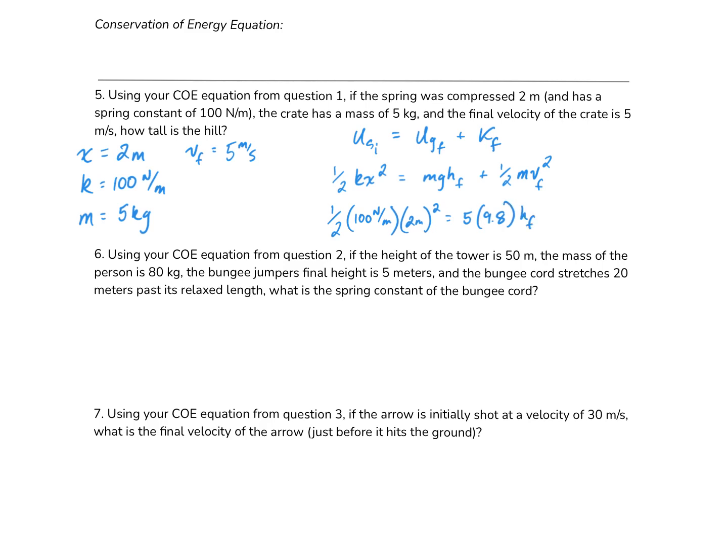There's our height final, that's what we're trying to find. 1/2, again my mass was 5 kilograms, and then my v final was 5 meters per second, and then that is squared. Now if we do our algebra correctly here, solving for our h final, our height final, we should get a value of approximately 2.8 meters.